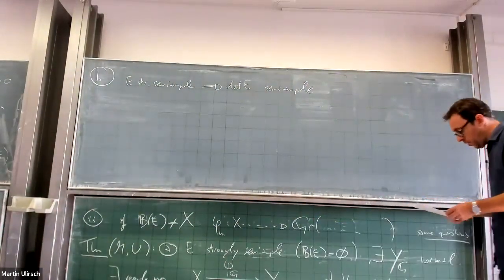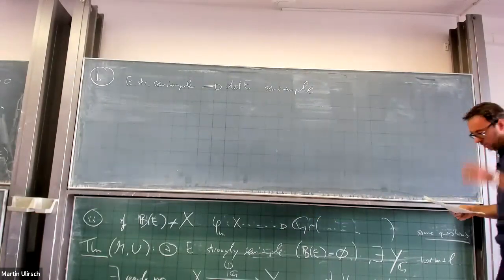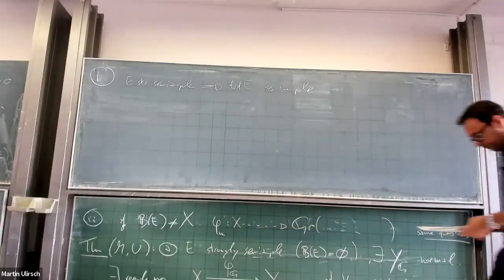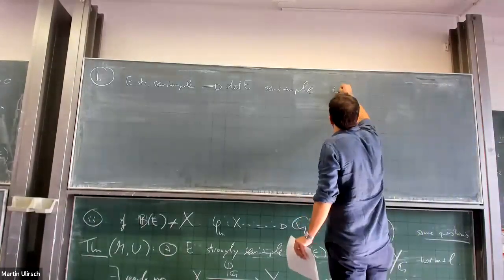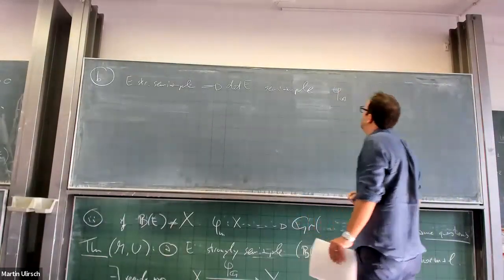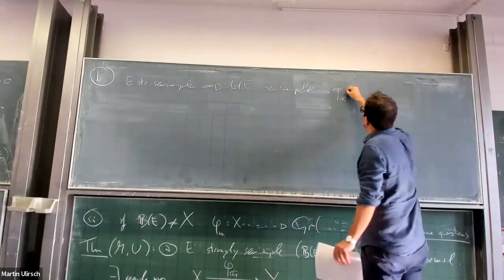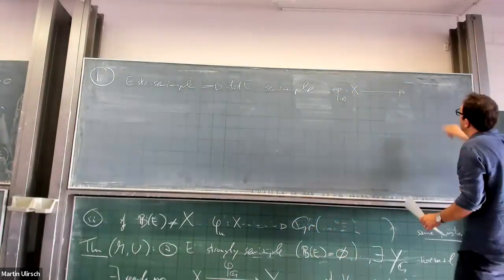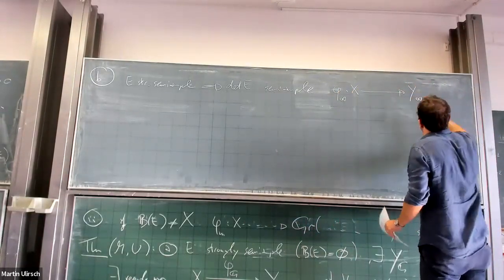Okay, and therefore, as a semiample line bundle, there exists an Iitaka construction for the determinant of E. And this Iitaka construction, I will call it phi_infinity, from X to Y_infinity.